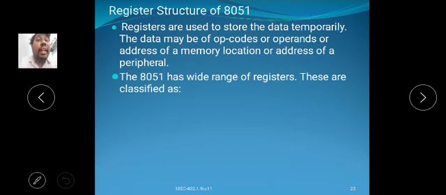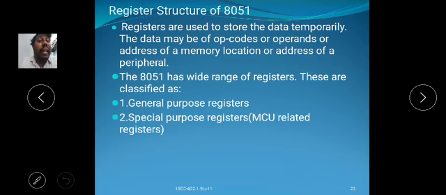The 8051 has a wide range of registers. These are classified as general purpose registers, special purpose registers, that is the microcontroller unit related registers, and special function registers.